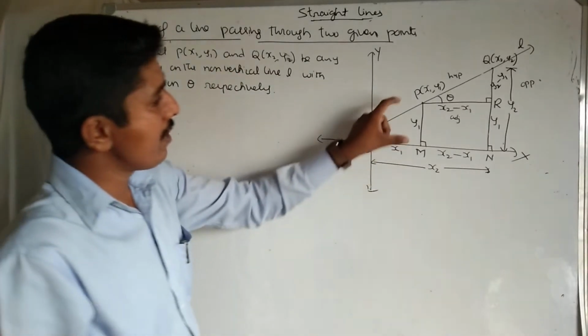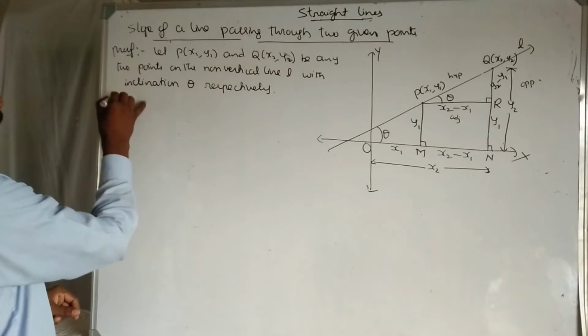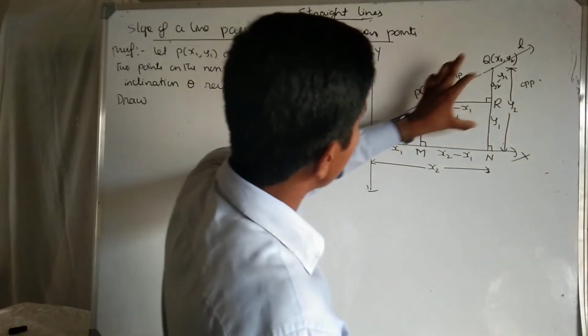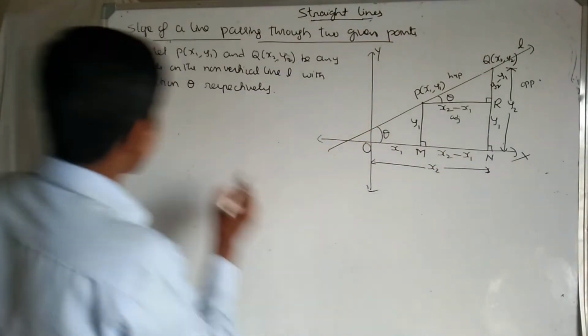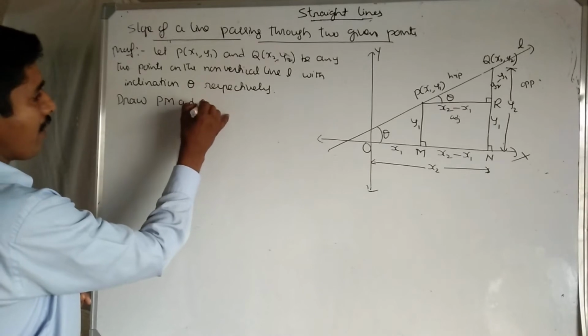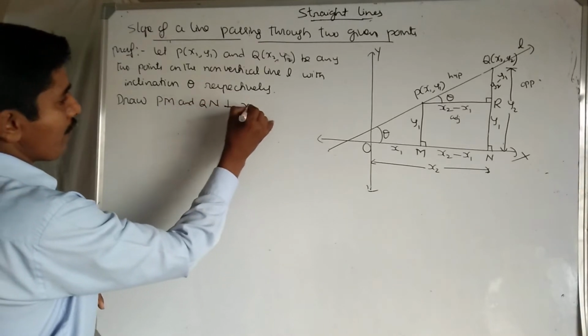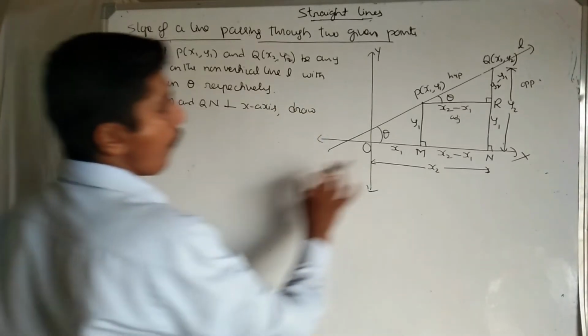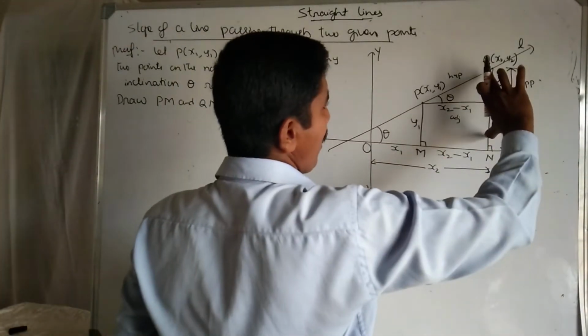Correct. Here draw PM and QN perpendicular to the x-axis. Again draw PR perpendicular to QN.